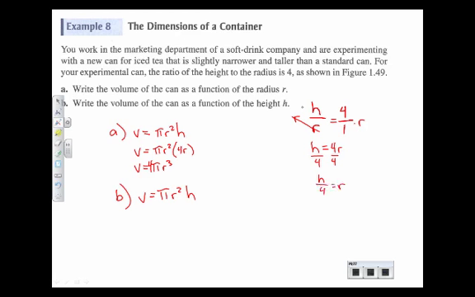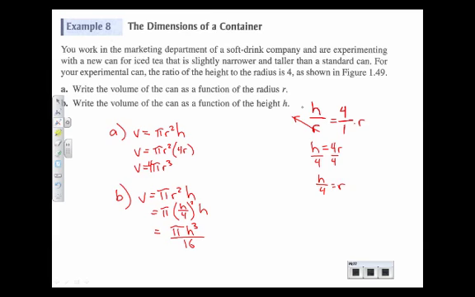Let's substitute it in. And our final answer would be, we've got pi, we've got h cubed, and 4 squared is going to be 16, and we're going to have that in the denominator.